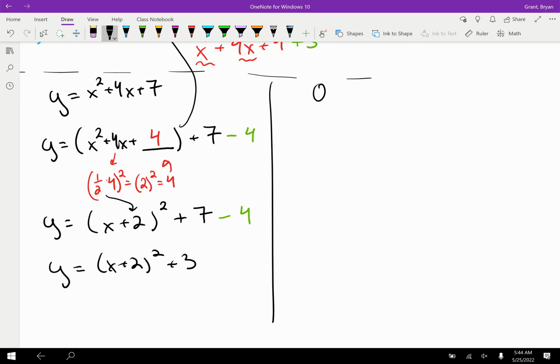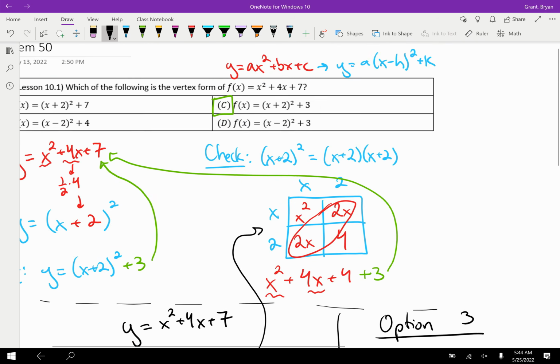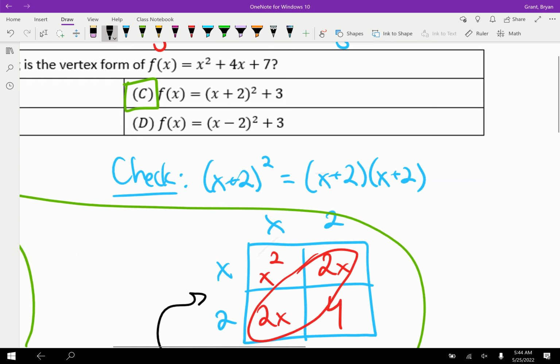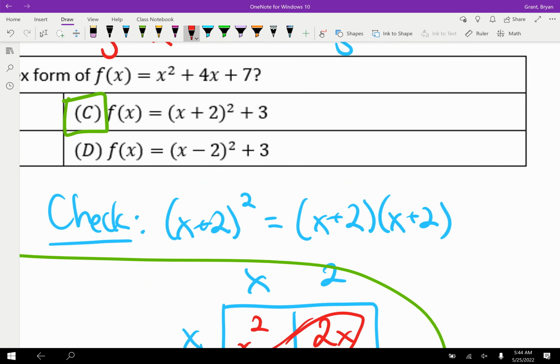Now, one more way, and this way is actually what a lot of my students end up doing, so we'll call this one option 3. They are very clever, and they realize that each of these equations is in HK form. And so they say, well, in HK form, and we'll just look at the right answer for now, this right here gives us the vertex. The vertex is, of course, the opposite of h, comma, k.